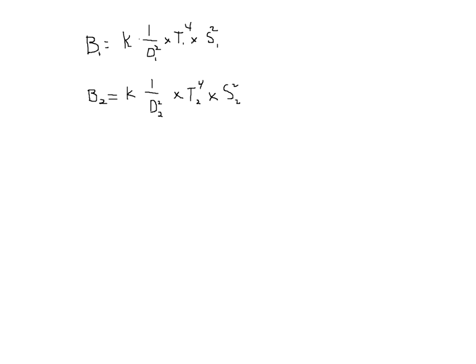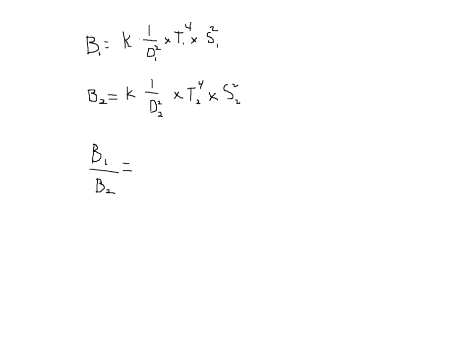What you're figuring is the factor between the brightness of star 1 compared to star 2. So what you do is you take the brightness of 1 compared to the brightness of 2. All right?